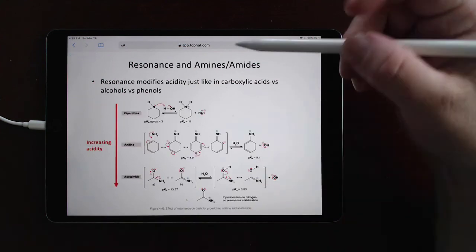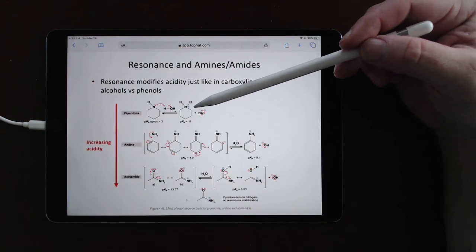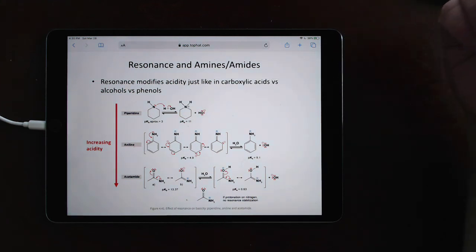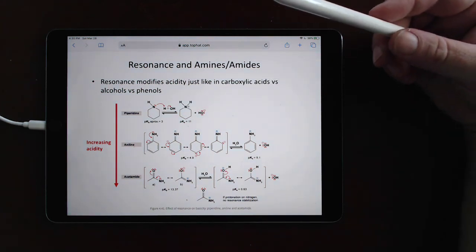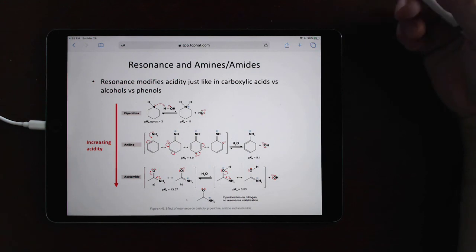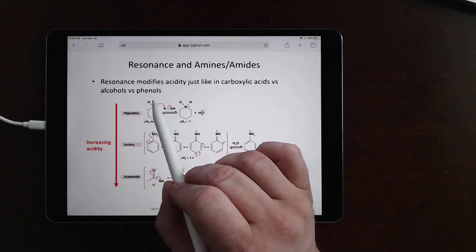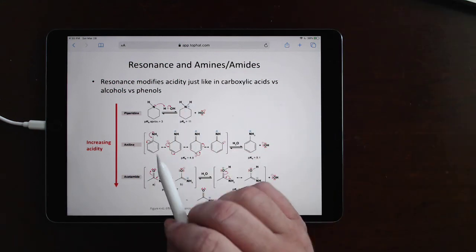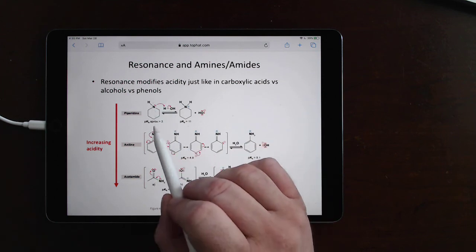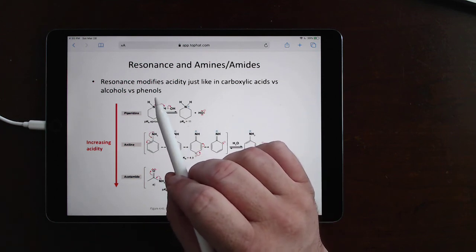Now another thing to think about: amines and amides work the same way as phenols, alcohols, and carboxylic acids. This one here has all NH bonds, so that's a tie.